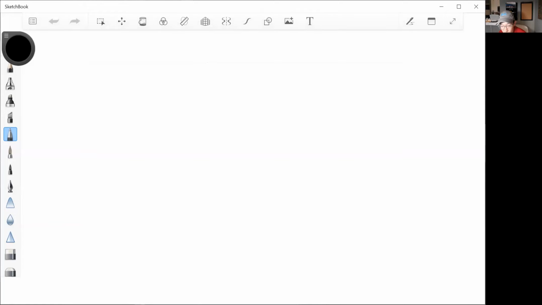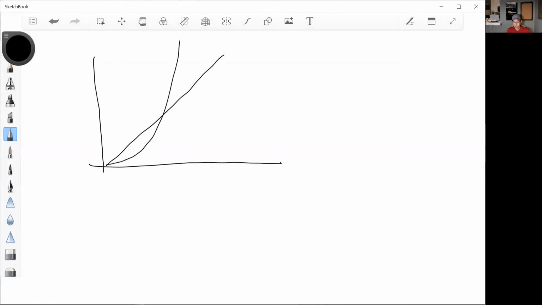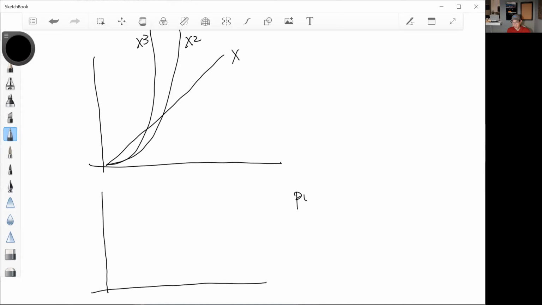So what poly does, okay, normally you'd have x like this, and then x squared looks like this, and x cubed. These all end up being highly correlated. When you have poly, at least for the range of x, you'll have this, and then x squared will be like this.